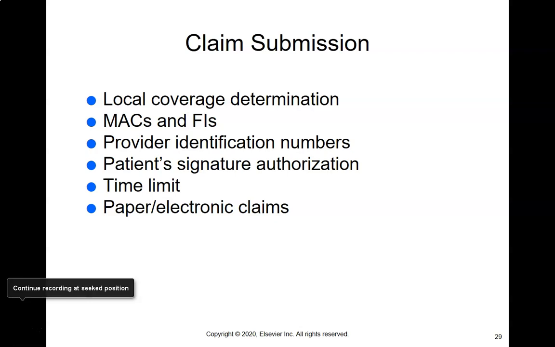Carriers are organizations that handle claims from physicians and other suppliers for services under Medicare Part B. You must have provider identification numbers when submitting claims. Patient signature authorization. You must file your claims in a timely manner, and paper and electronic claims.